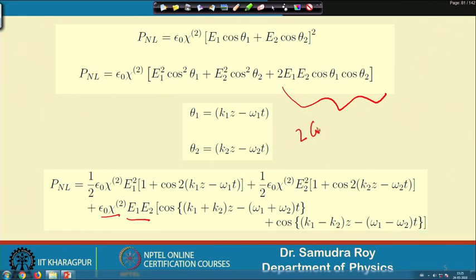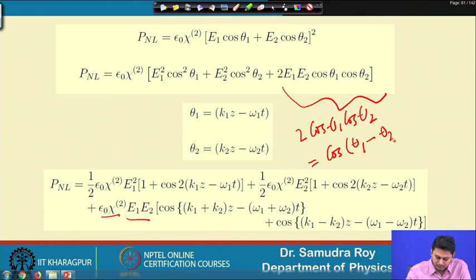So, 2 cos theta 1 cos theta 2 will be cos of theta 1 plus theta 2 plus cos of theta 1 minus theta 2.